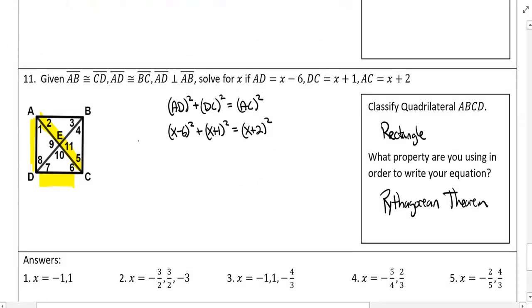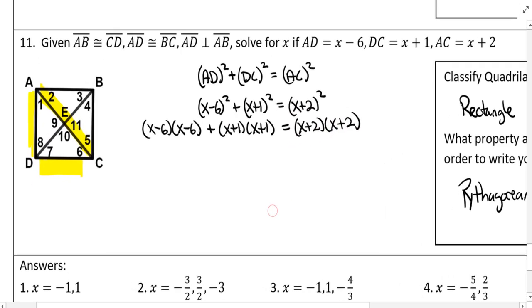So x minus 6 squared means x minus 6 times another x minus 6, plus x plus 1 times another x plus 1, is equal to an x plus 2 times another x plus 2. And you just got to take your time and carefully multiply each one out.